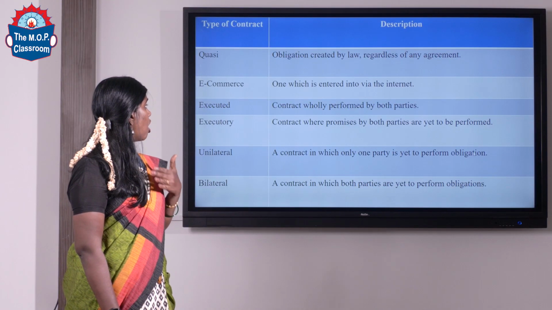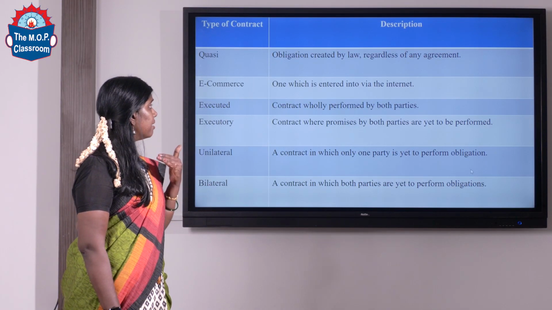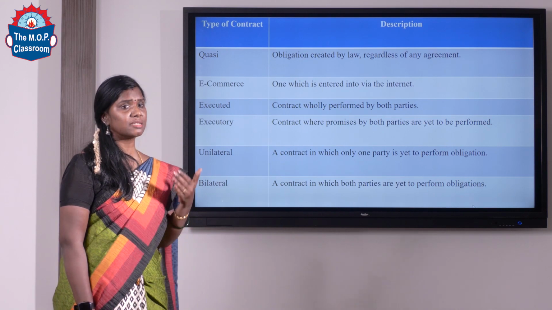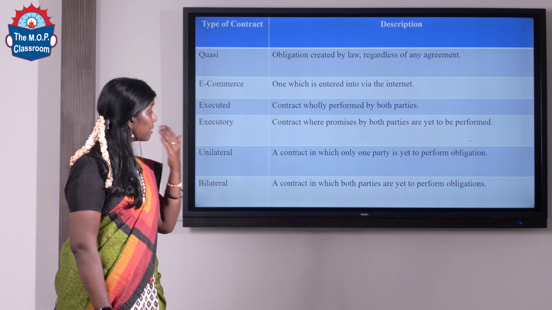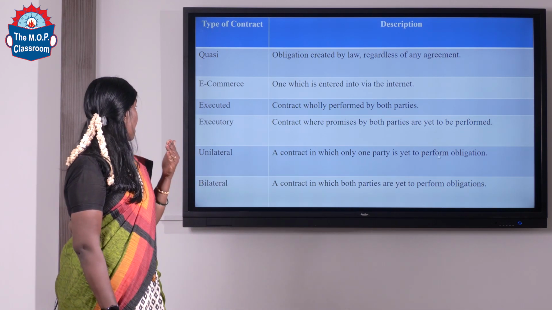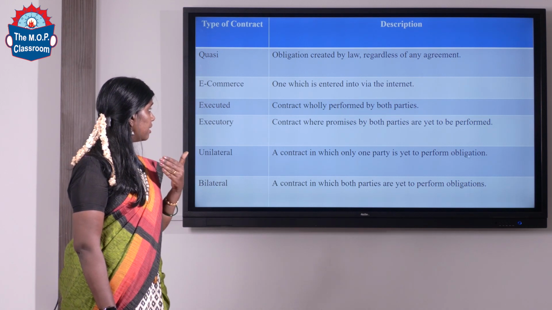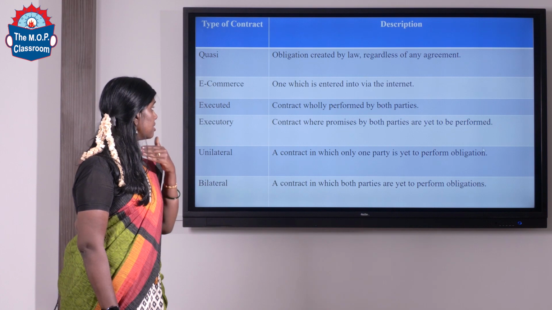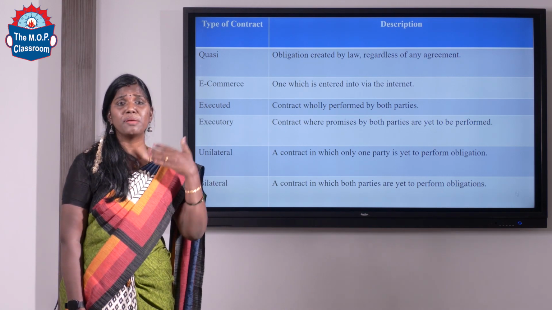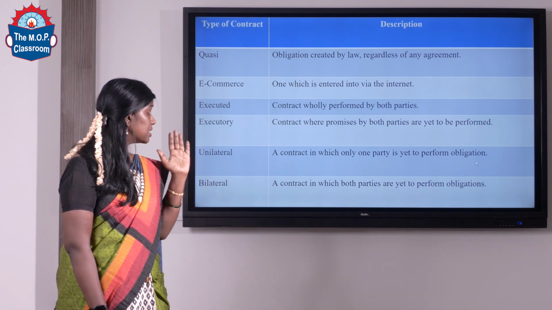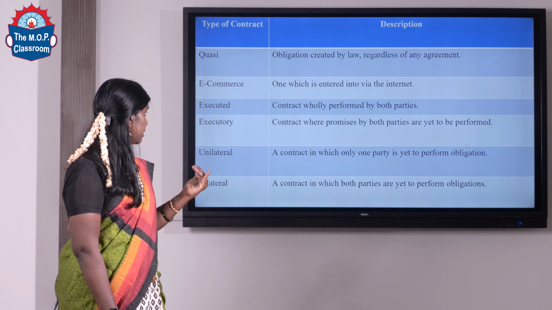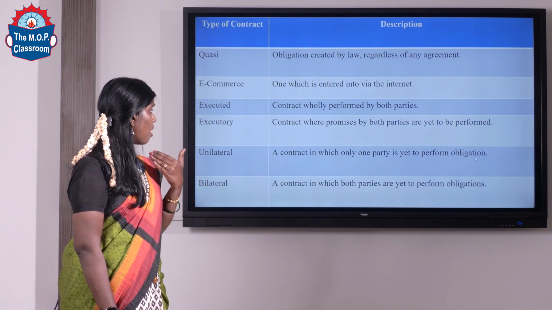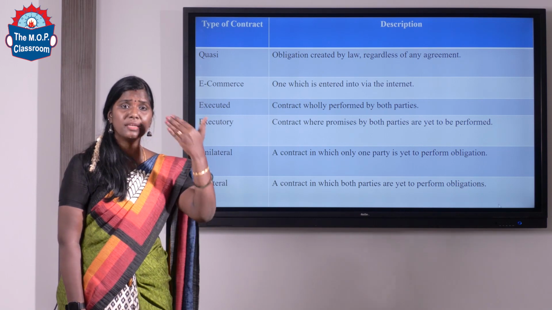Quasi contract, an obligation created by law regardless of any agreement. E-commerce contract, one which is entered into via the internet. Executed contract, that is a contract wholly performed by both the parties. Executory contract, a contract where promises by both the parties are yet to be performed.